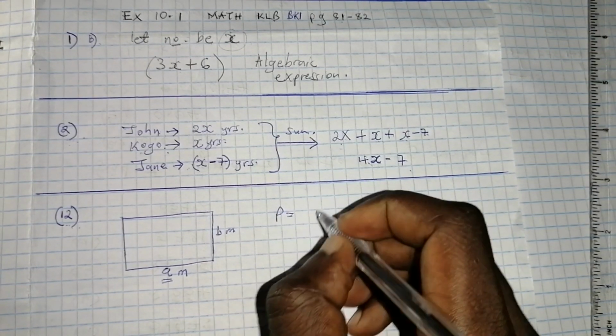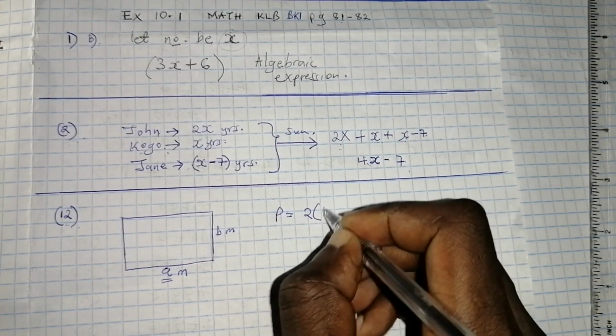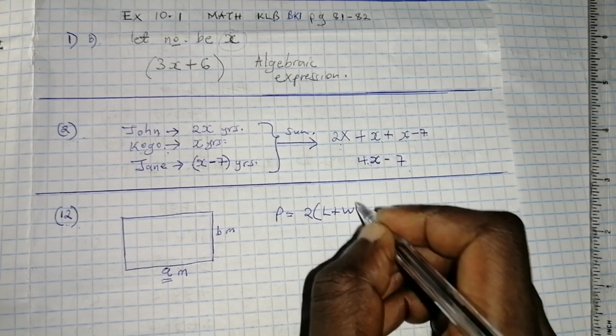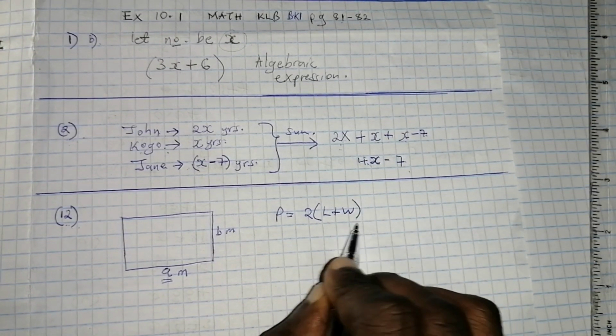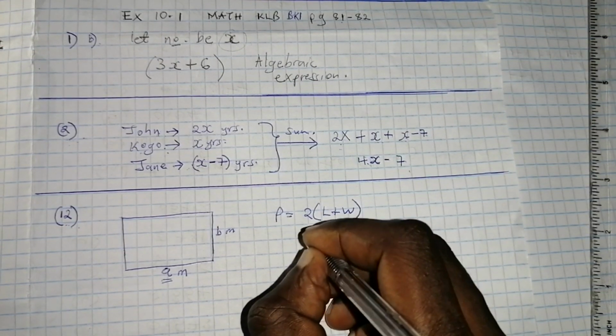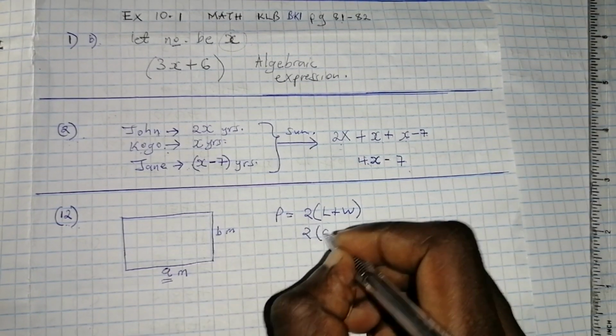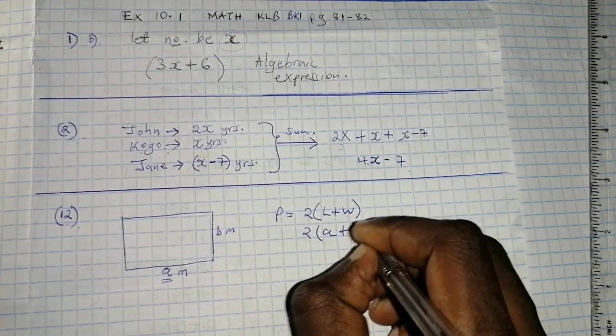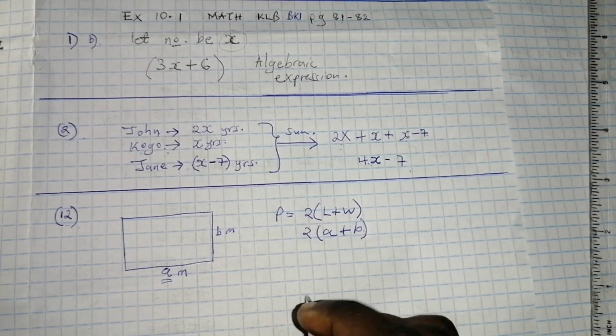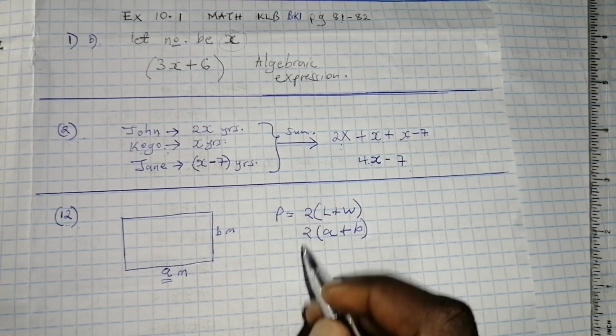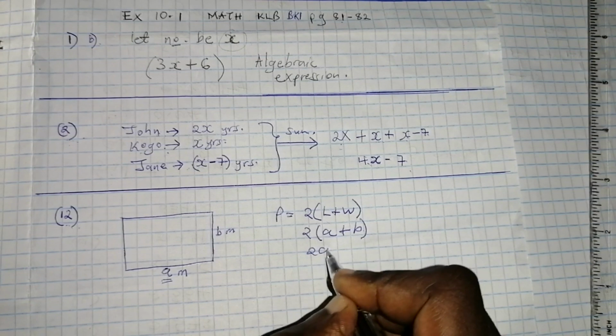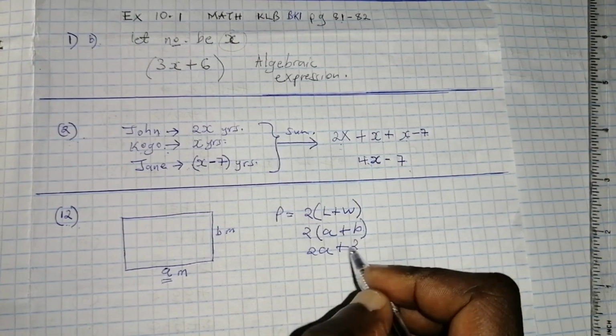Perimeter of a rectangle is simply twice the length plus the width, all of it in brackets. So when we get twice the length, which is A, added to the width, which is B, the perimeter will be 2A plus 2B.